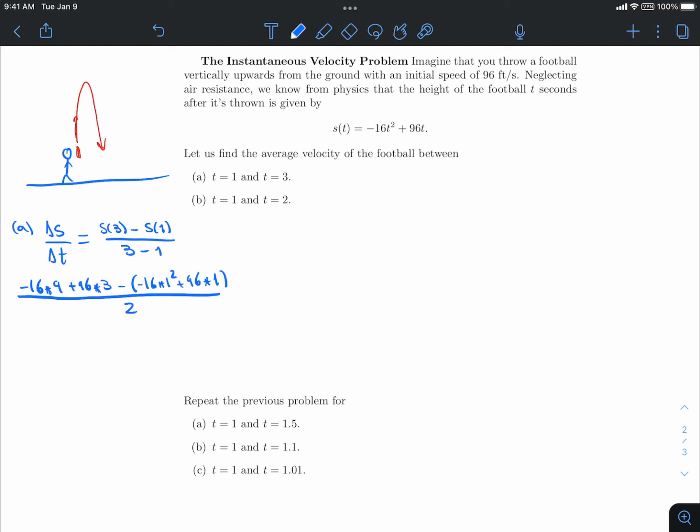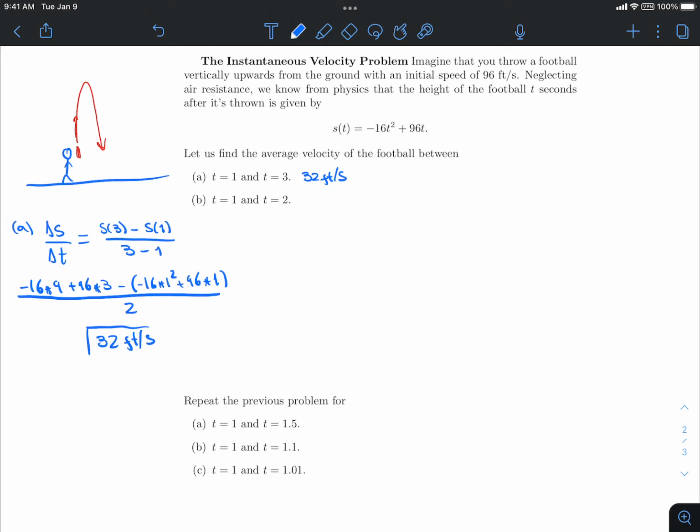I'll do the math with my faithful calculator, and I get 32 feet per second. So between t equals 1 and t equals 3, the average velocity of the football is 32 feet per second.